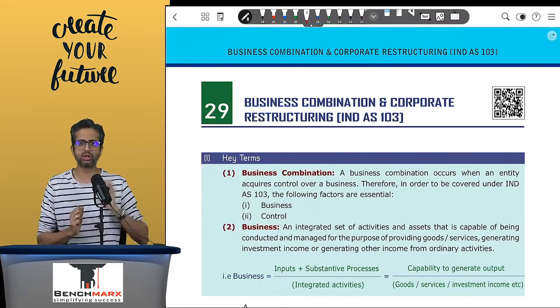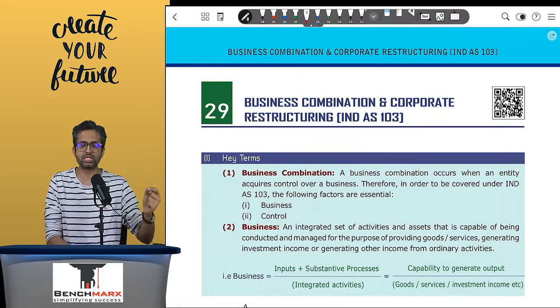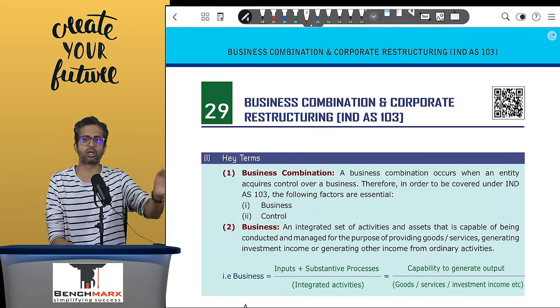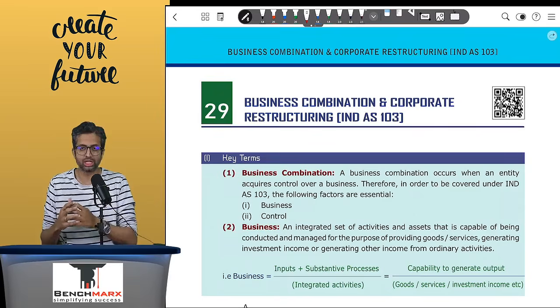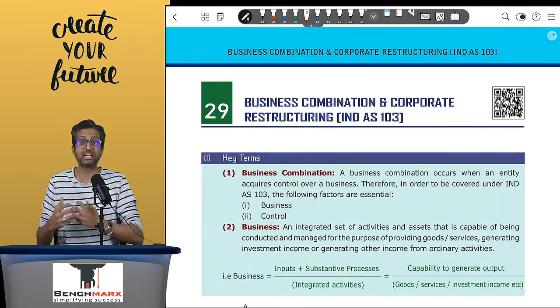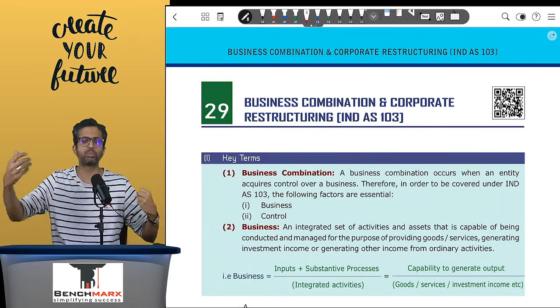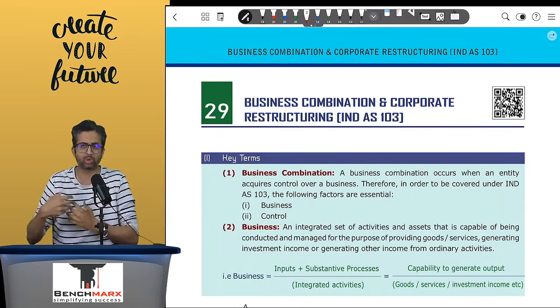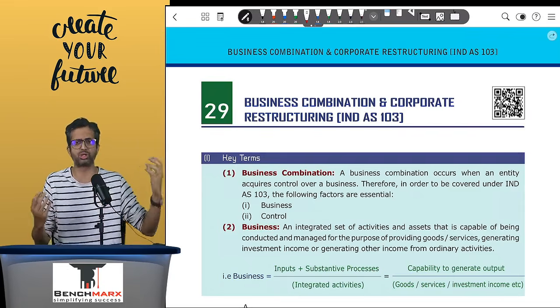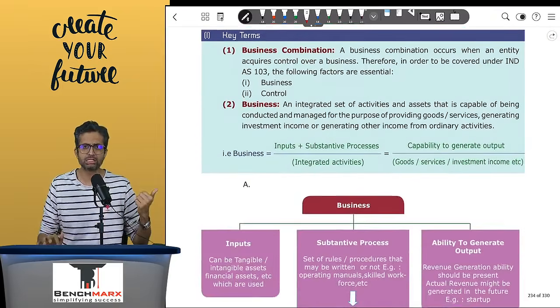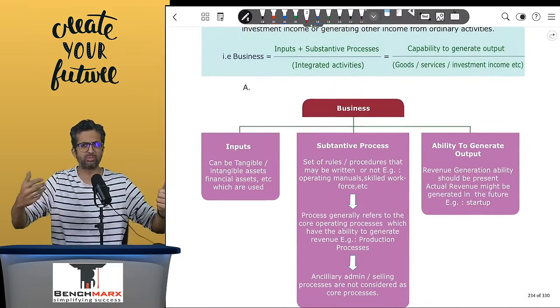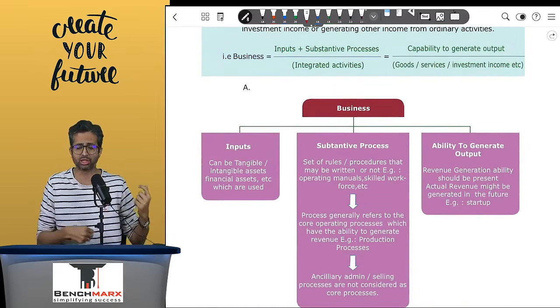So first of all, what is business combination? It is a transaction whereby we acquire control over a business. Now, what is a business? Business is essentially an integrated set of inputs and substantive processes which is capable of generating an output. An output can be products, goods, services, investment income, etc. There are three essential features of a business. First, inputs, which can be assets, materials, etc. that you use.